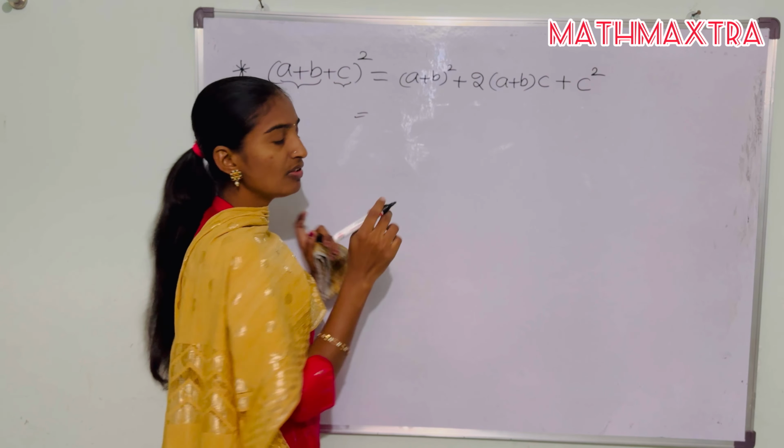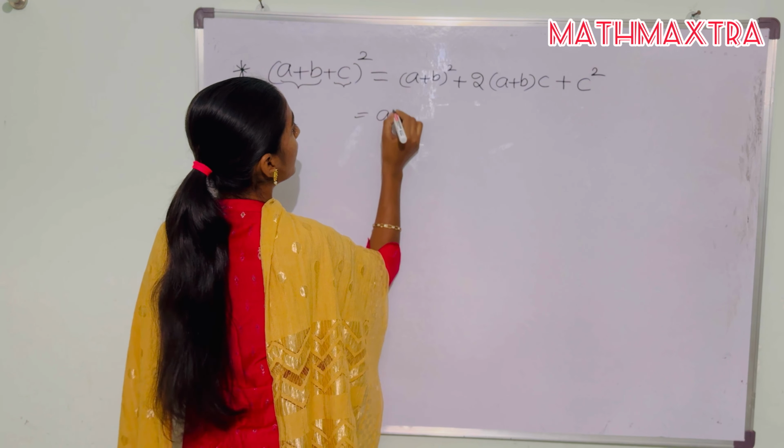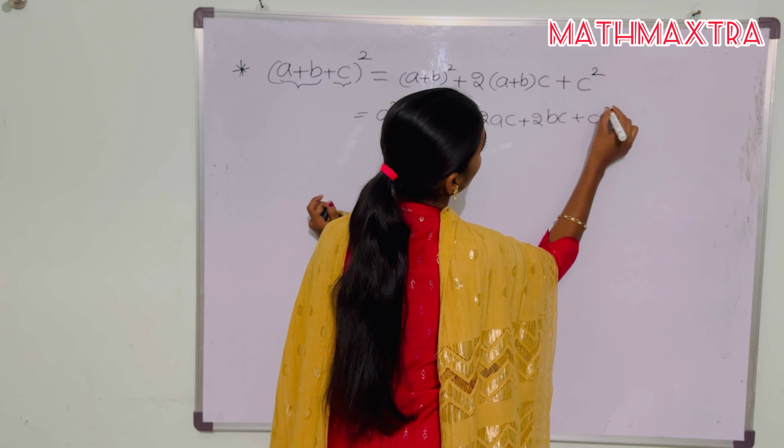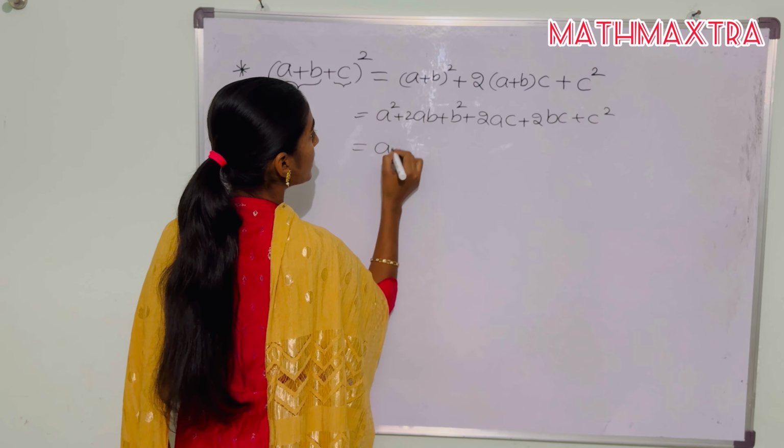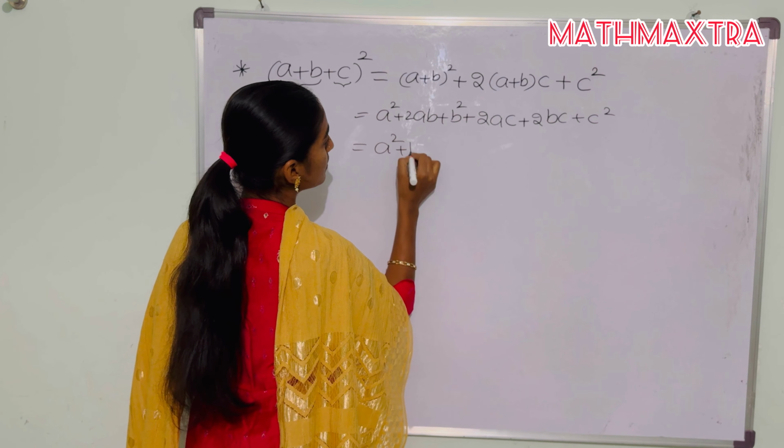Now you can simplify. (a plus b) whole square, you know, a square plus 2ab plus b square, plus 2a into c, right? 2ac plus 2bc plus c square. So what happens? a square plus b square plus c square plus 2ab plus 2bc plus 2ca.